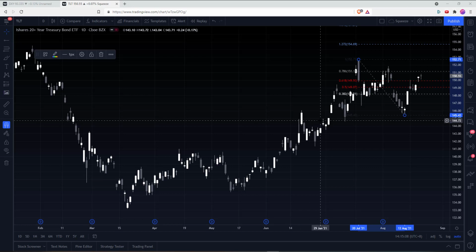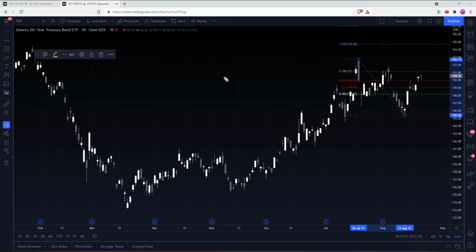And rising bond yields are generally a signal that the market's view on reflation is becoming more favorable. You know, the 10-year bond yield is in effect a function of the market's view of economic growth and inflation. So where TLT heads from here, I think, has got fairly important asset allocation implications.